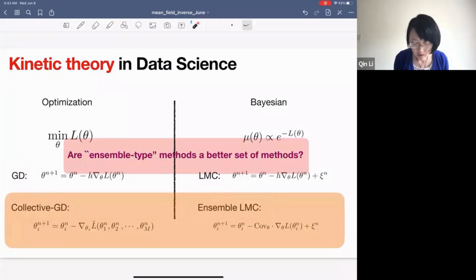But what we do know is that under some situations, we can at least prove that the collective behavior of either the optimization algorithm or the sampling algorithm at least gets you to the right point. So the knowledge is accumulative. We gradually enlarge the frontier of knowledge, and hopefully someday we can finally say that one method is better than the other.